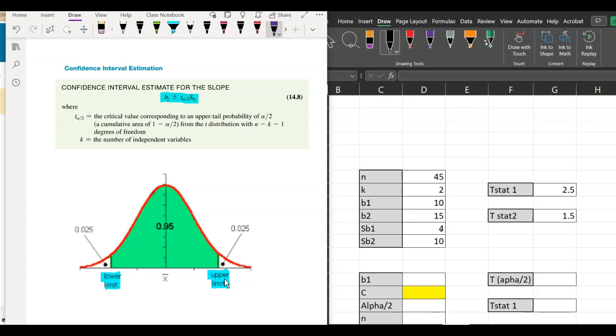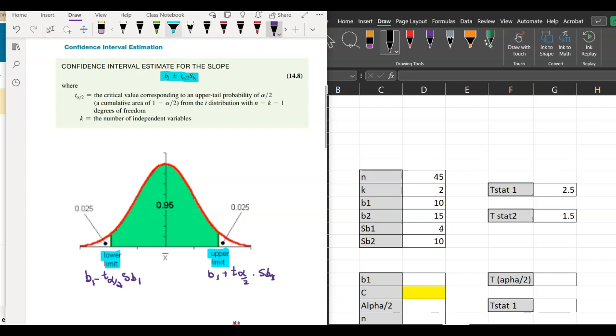According to your formula, the lower limit for b1 is going to be B1 minus T alpha over 2 times SB1. You just have to plug it in and figure out the value. Regarding the upper limit, it's B1 plus, instead of minus, T alpha over 2 times SB1.